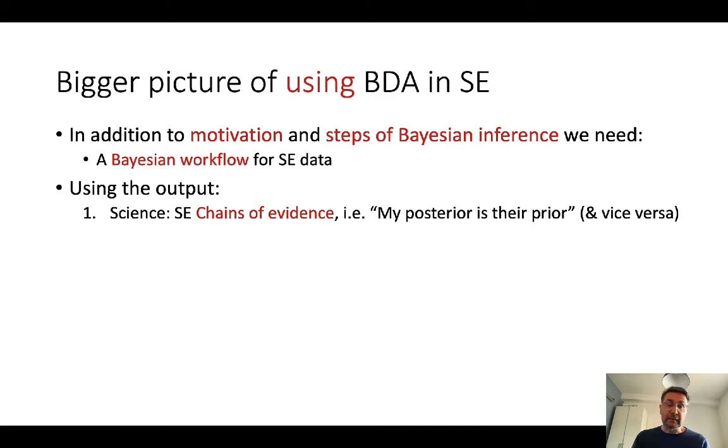The first one is a scientific benefit or output from this. We think it will be easier with a Bayesian framework and ways of working to create chains of evidence between several studies in software engineering.